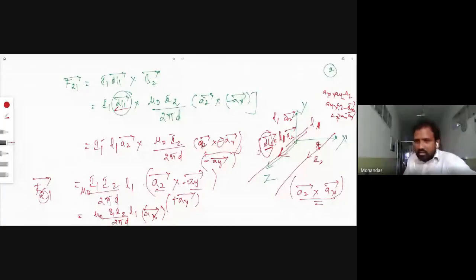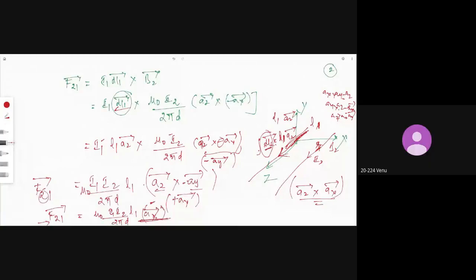Due to this conductor, this magnetic field B2 causes the force on conductor 1, and we find the force direction here. What is the direction of this force here? Please respond now. What is the unit vector here? What is the unit vector here? Ax.